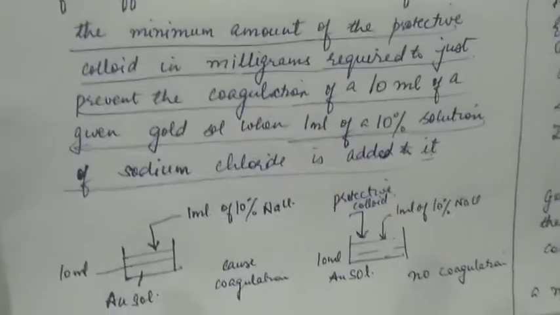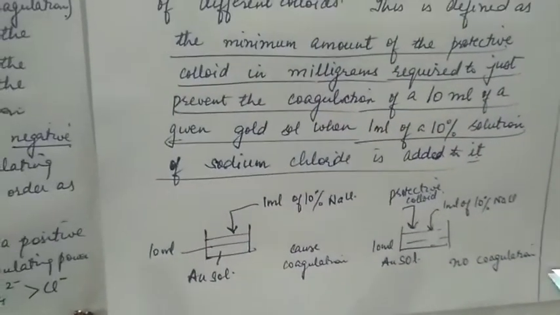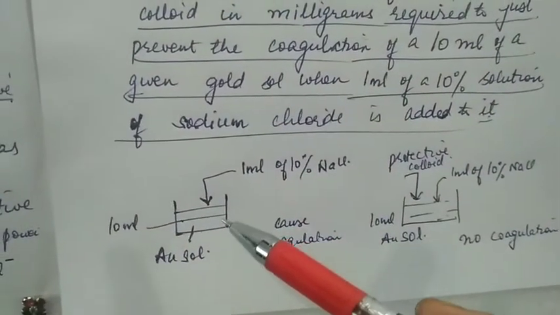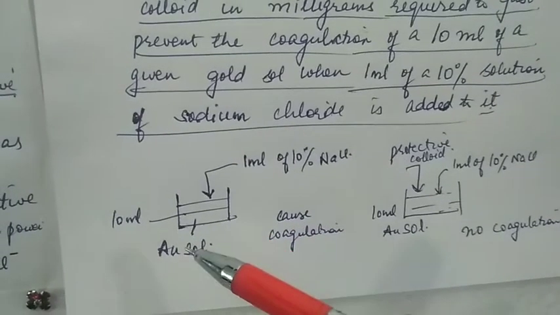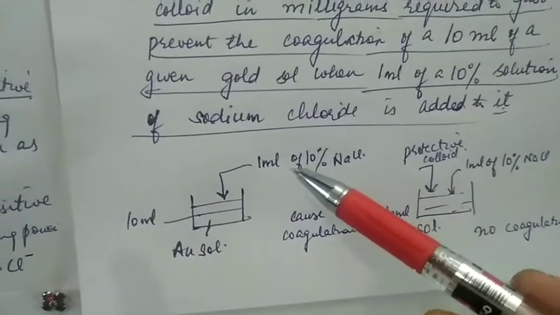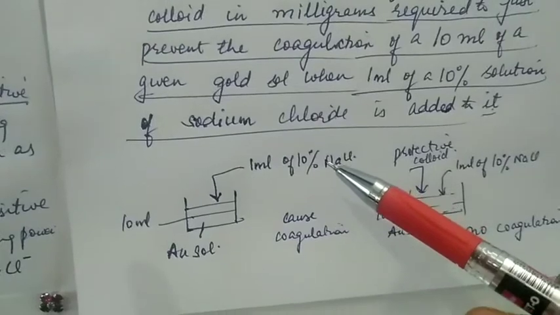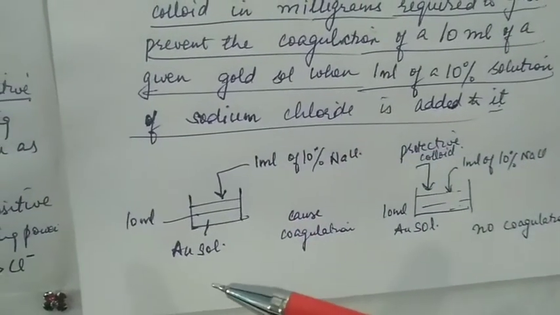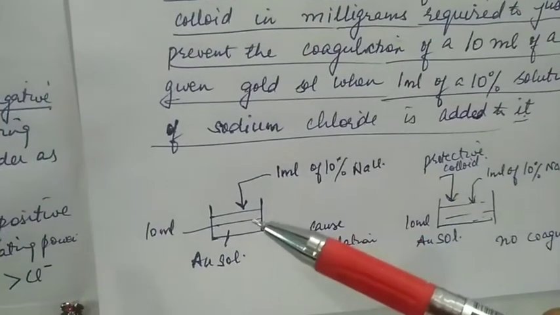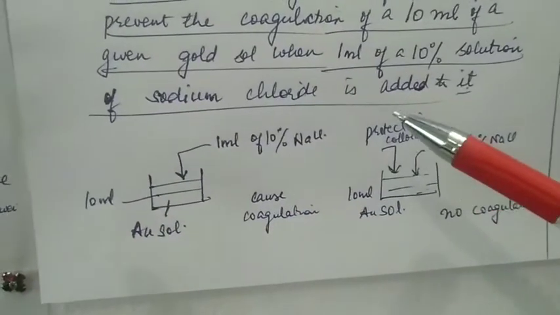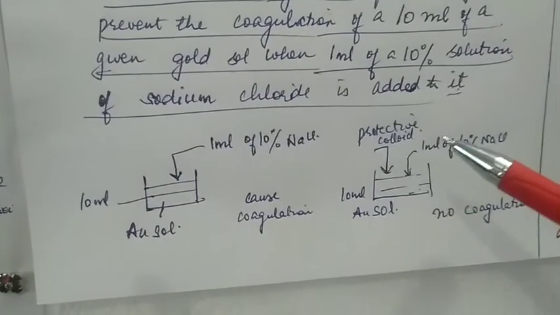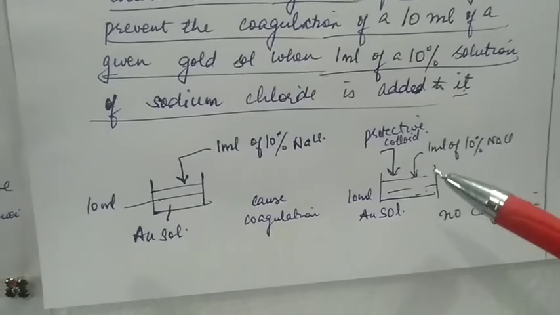To understand the definition, let's view it diagrammatically. So this is 10 milliliters of gold sol. If we add 1 milliliter of 10% NaCl to it, it gets coagulated. Now to prevent it from coagulation, we will add a protective colloid prior to addition of NaCl.